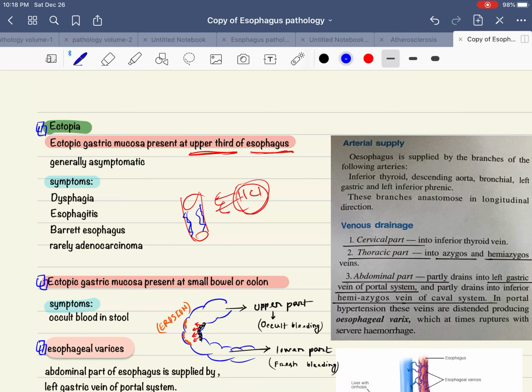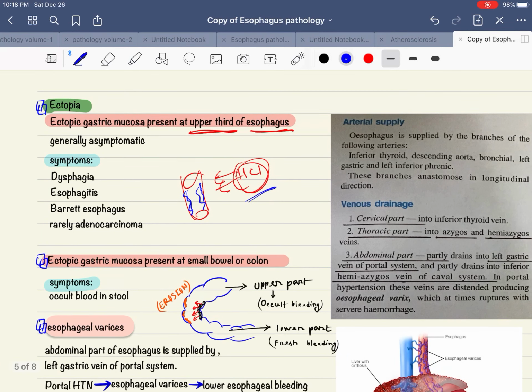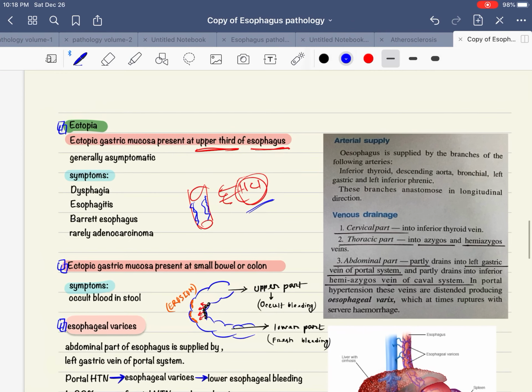It is resistant to mechanical stimuli, that means friction or heat, but it is not resistant to chemical stimuli. The HCl is a chemical stimulus. That's why the lining epithelium of the esophagus, that means the stratified squamous epithelial cell layer, will be erased, and there will be esophagitis, inflammation, cell injury. That means it will ultimately lead to inflammation.